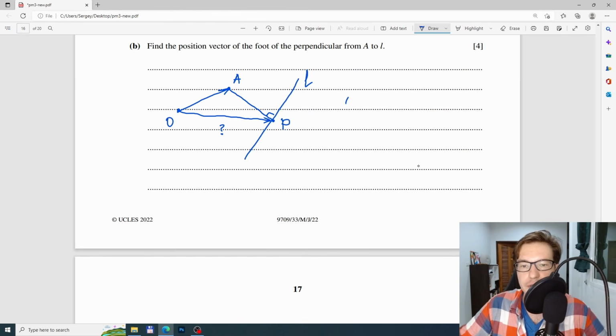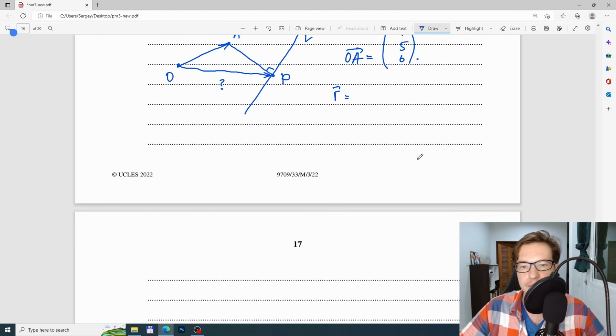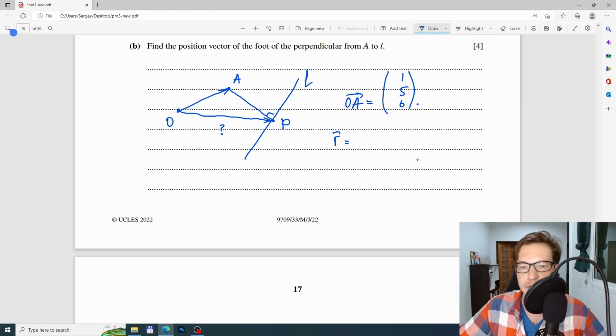Now we know that the position vector of the point A would be OA equals (-1, -5, -6). And we also know the equation of the line in parametric form from the previous question. That's here. So r would be equal to (4, 0, 1) plus lambda (-1, 2, 3).